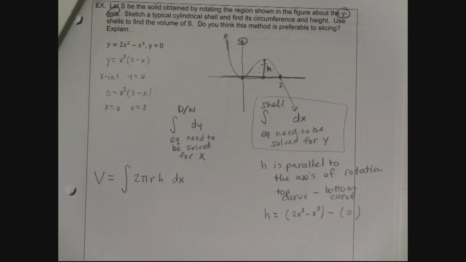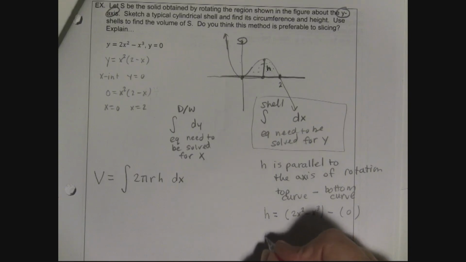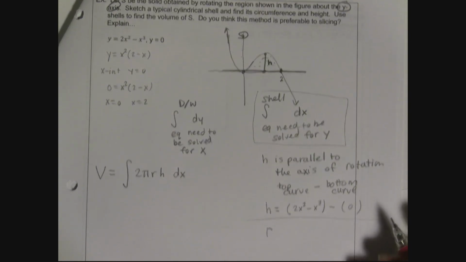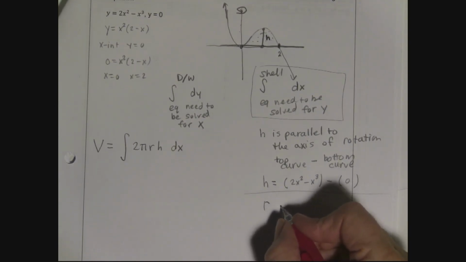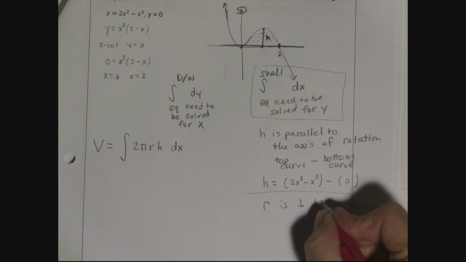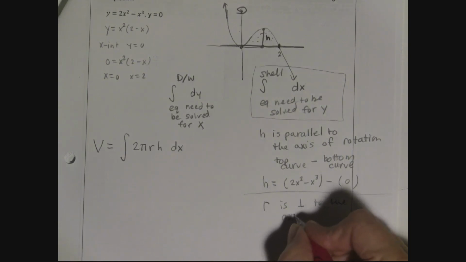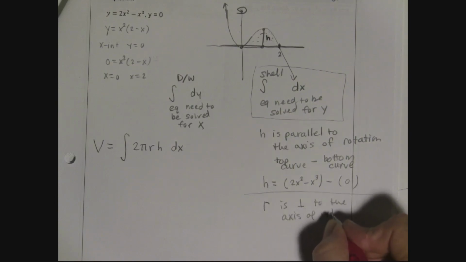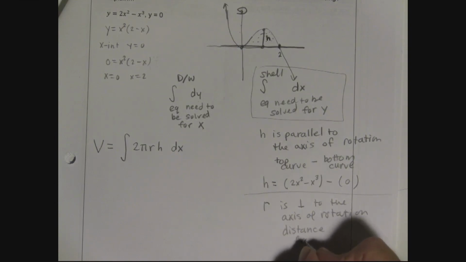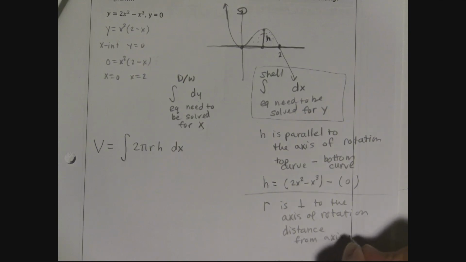And then if you're going around the y-axis, r is really easy. I'm going to tell you some things about r that I might not write again. R is perpendicular to the axis of rotation, and r is the distance from the axis of rotation to h.